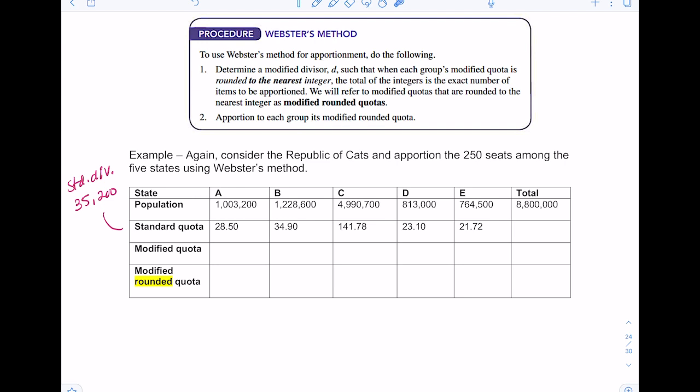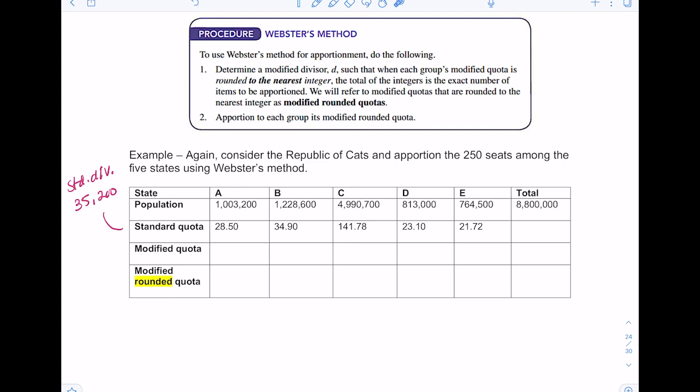Okay, so we use the standard divisor of 35,200. So since it was too high, if we divide by a higher number, we'll get a smaller quotient. So that's the whole theory behind it. So let's try dividing by 35,250.